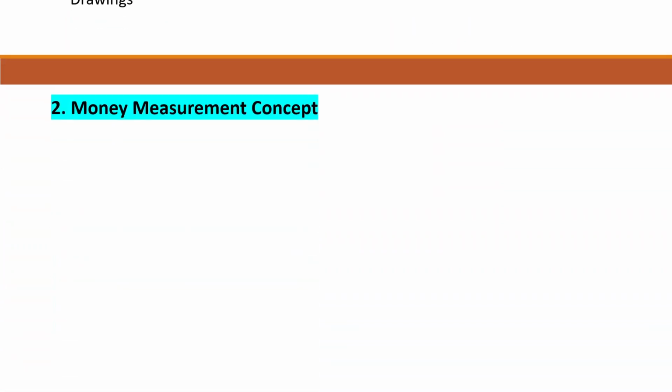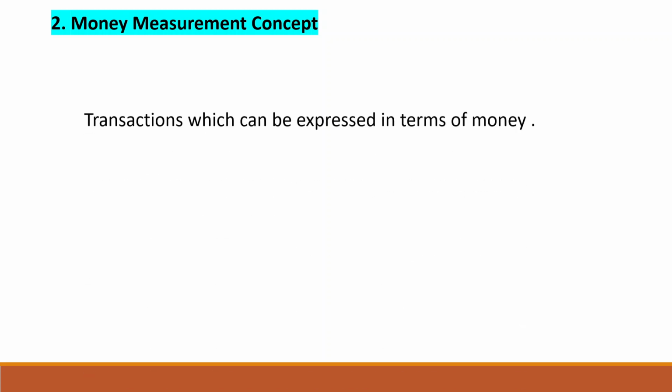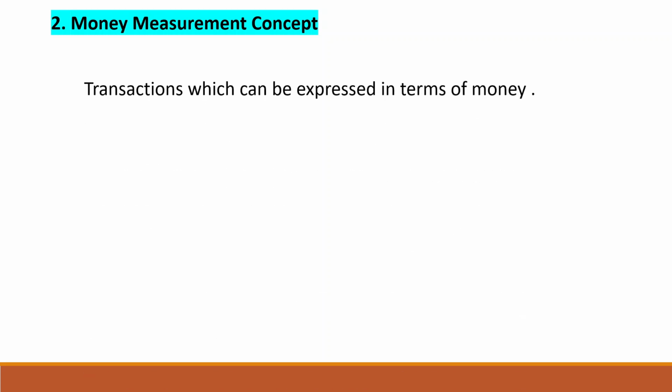Now let us move on to the second important concept in accounting. The second important concept is the money measurement concept. As per this concept, only those transactions which can be expressed in terms of money are to be recorded in the books of account.